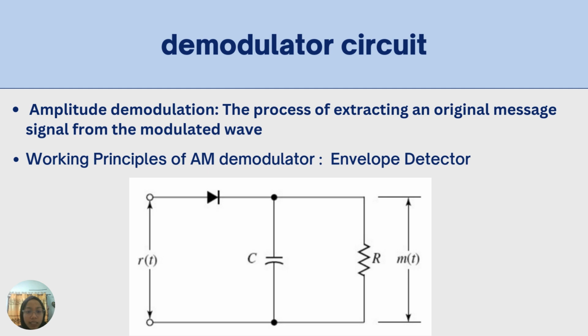In those cases, the capacitor will discharge through the R until the subsequent positive half cycle of the AM wave. If the value of the AM wave is greater than the capacitor voltage, then the diode will become conducting and the process will be repeated.